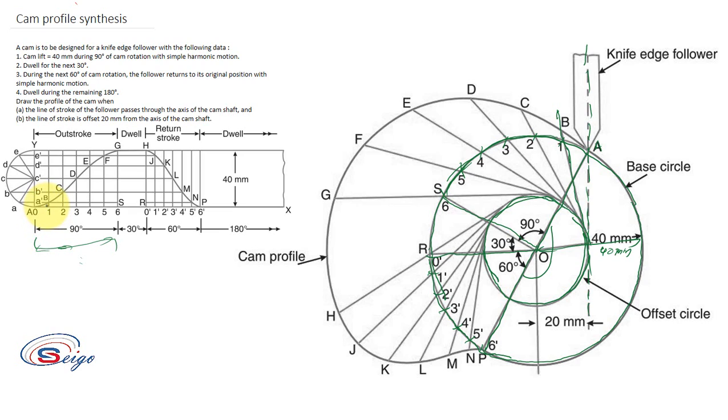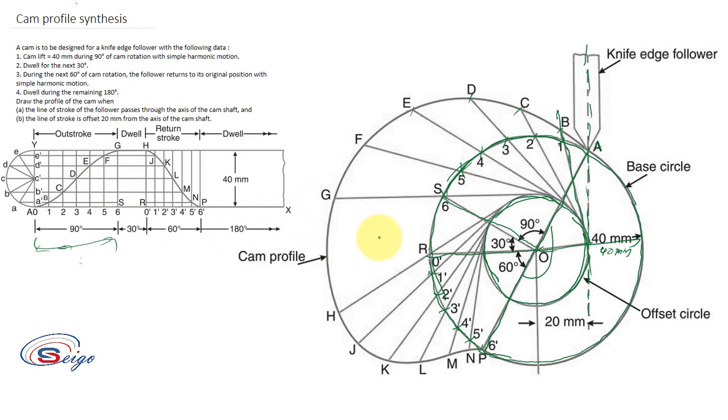Take this 1B distance in the compass, or take the measurement, and mark it over here. Mark 1B, then 2C, then 3D, then 4E, 5F, 6G.